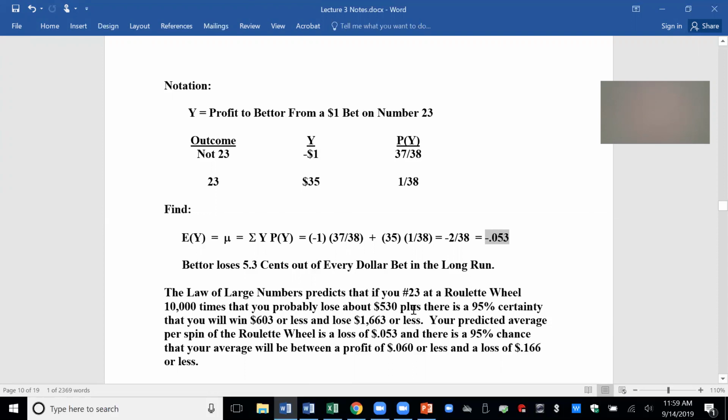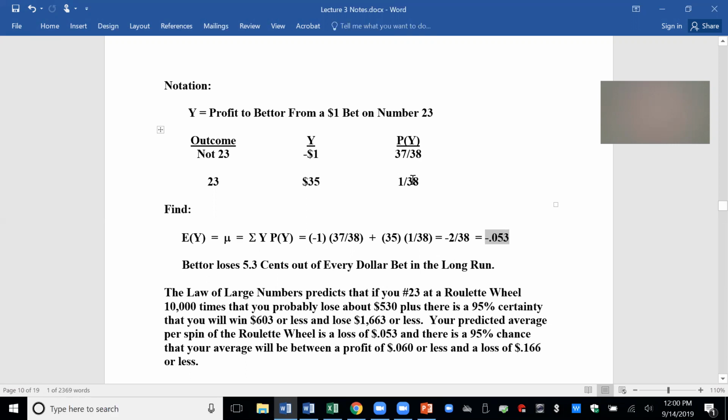Unlike craps, where there's a couple really good bets and a couple not so good bets that have different expected values, the expected value of every bet you get in roulette is exactly the same, and it's 5.3 cents to the house. But this one has much more, let's say, riskiness, much more variability.